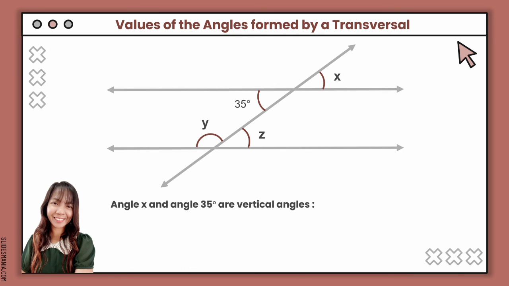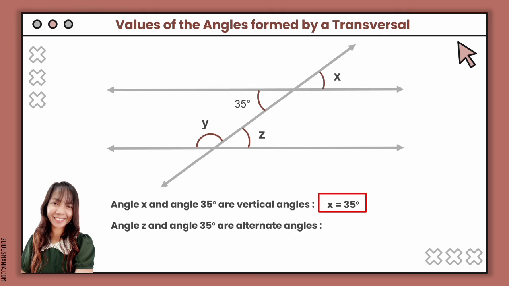Angle X and angle 35 degrees, what is the relationship? They are vertical angles, so they are equal in measure, so angle X is also 35 degrees.